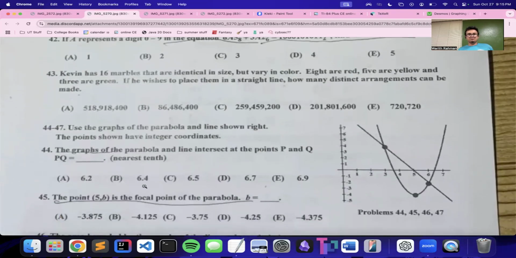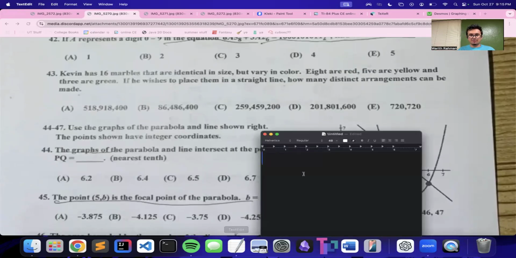Okay. How many distinct arrangements? Here's the idea. Since the marbles are indistinguishable, the 8 red marbles are all the same. So we pick one of our colors and place all the 8 red marbles first. Out of these 16 spots, we choose 8 to put them in.